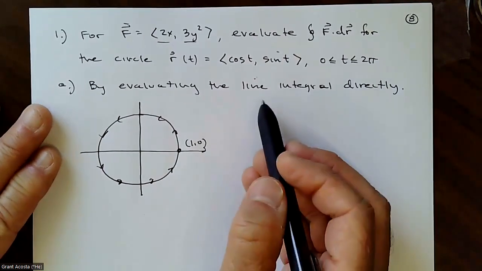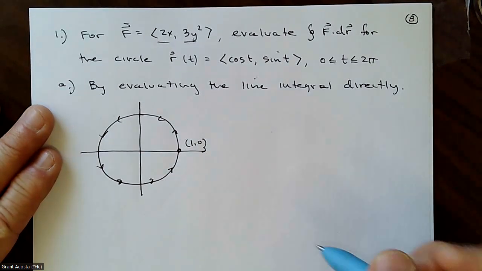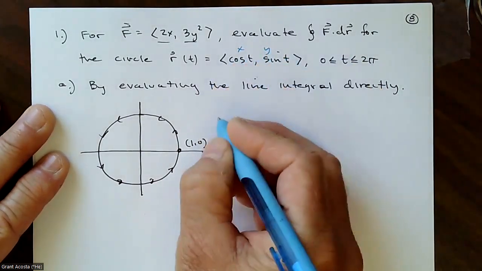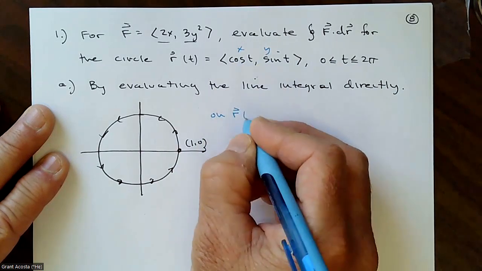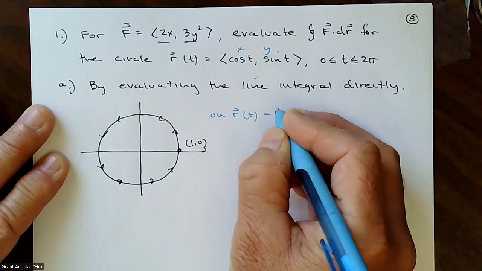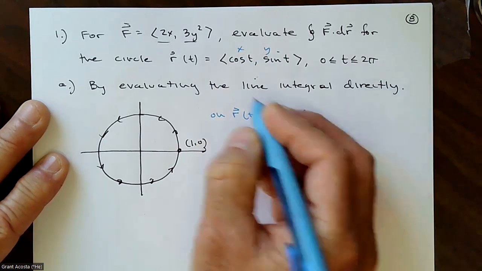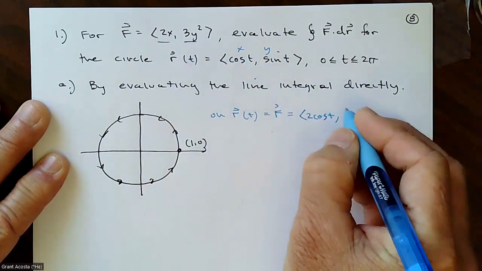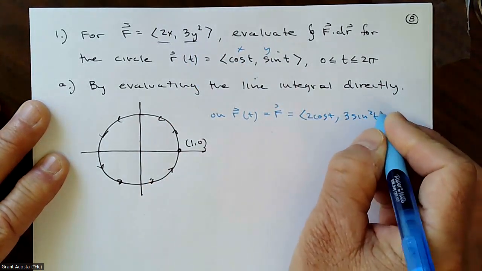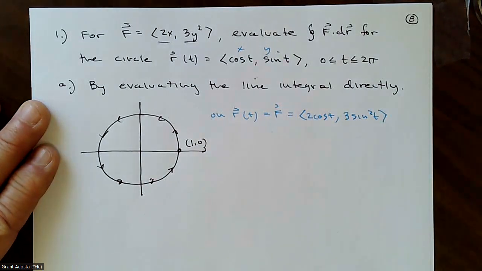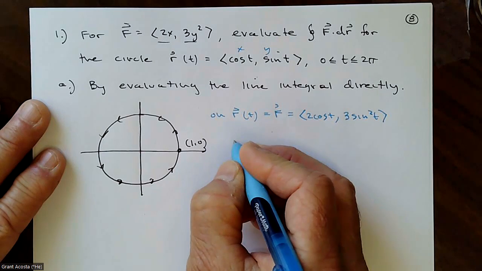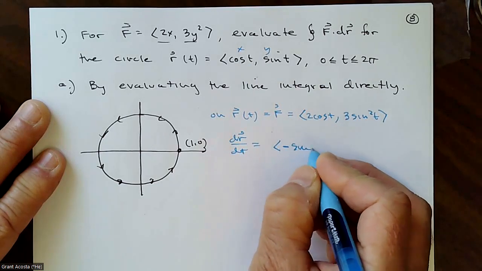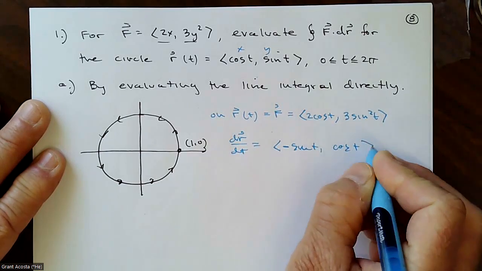But just to prove it, let's do the line integral directly. So we're going to actually evaluate the integral here. This is x, this is y. So on r of t, f will be 2 cosine t, and y will be 3 sine squared t. And of course dr dt, my derivative, is going to be negative sine t, cosine t.